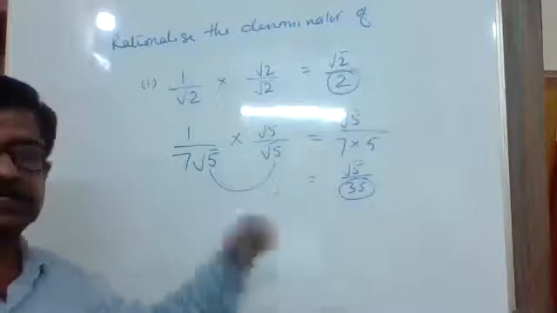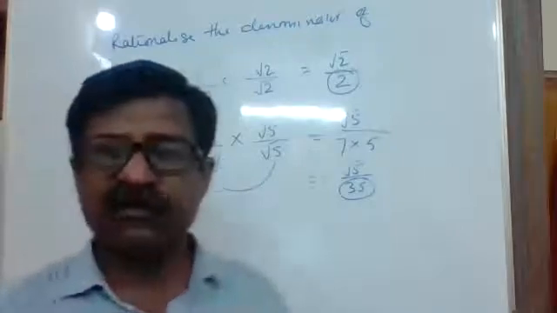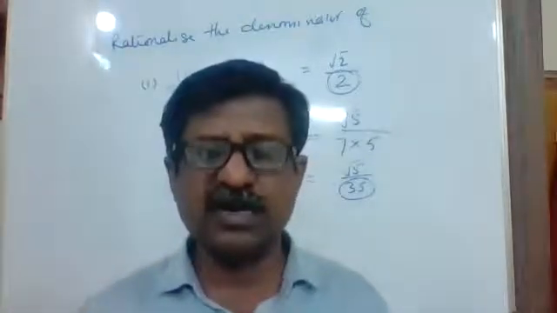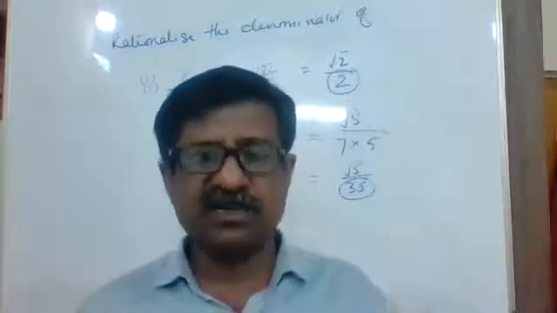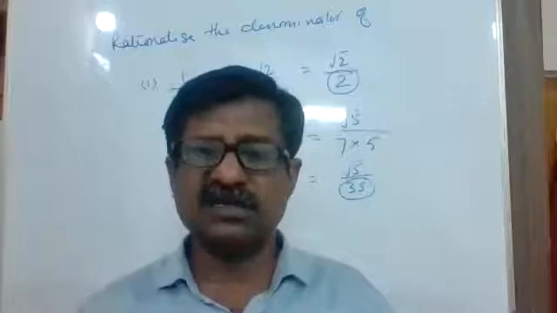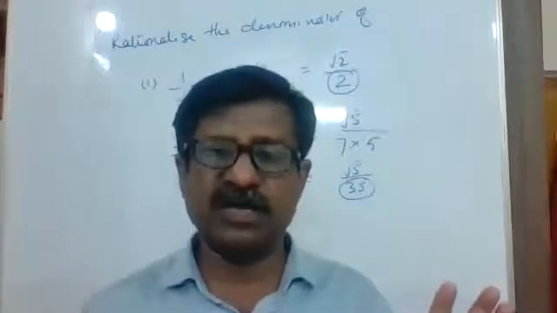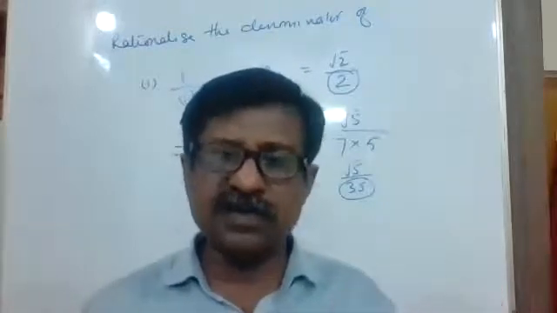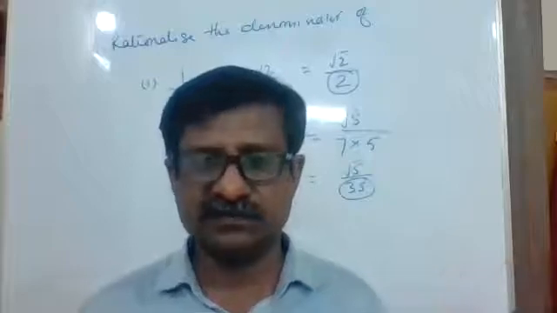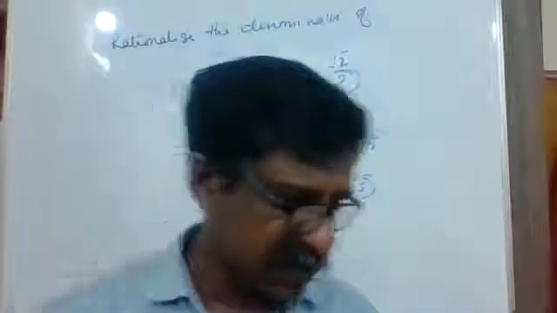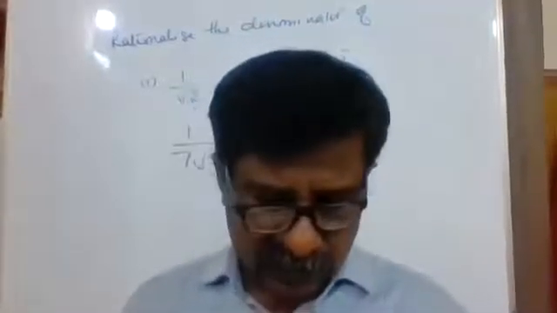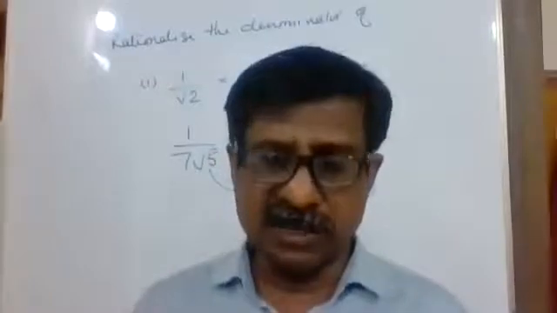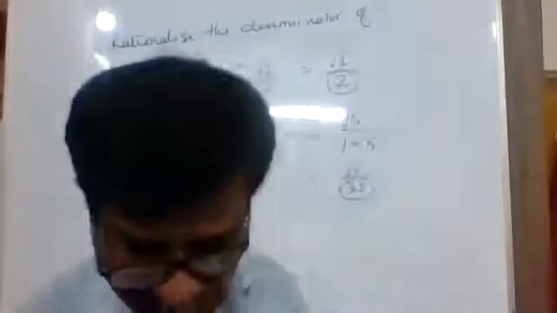We have rationalized the denominator. Very often we make the denominator rational. If it is irrational, we make the denominator rational no matter whatever numerator you are getting. It may be rational, it may be irrational, but the denominator has to be made a rational number.